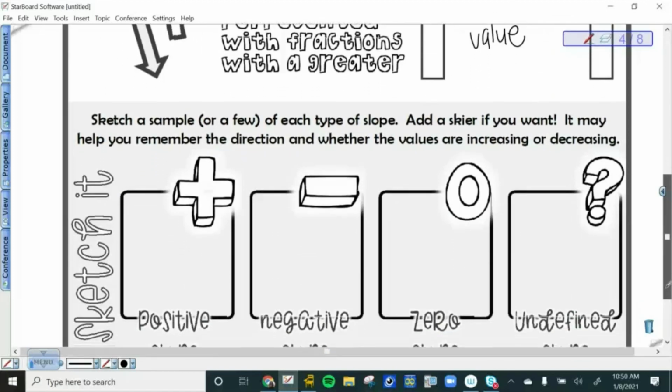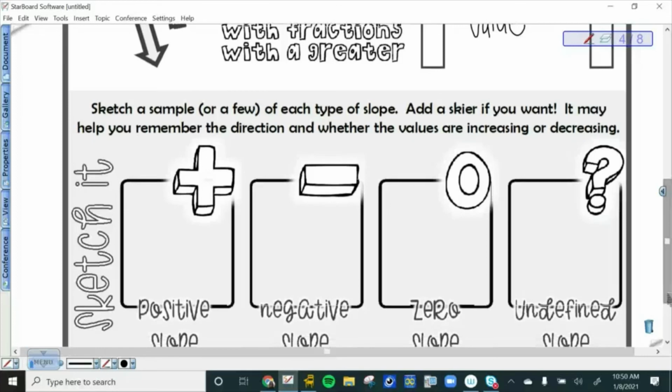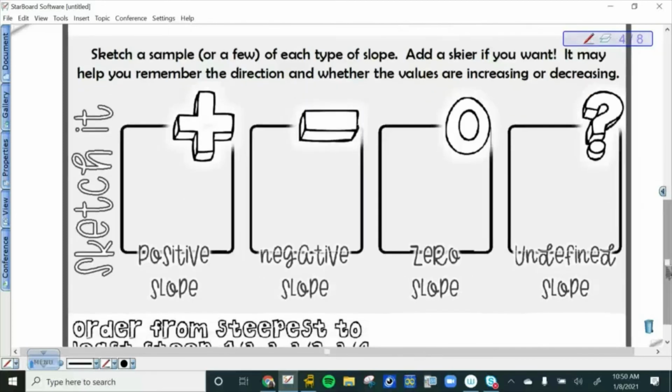Okay, and then last thing we want to do is sketch a sample of each of the following types of lines. So we have a positive slope, a negative slope, a zero slope, and an undefined slope. So positive slope, again, from left to right, the line is going to go up.